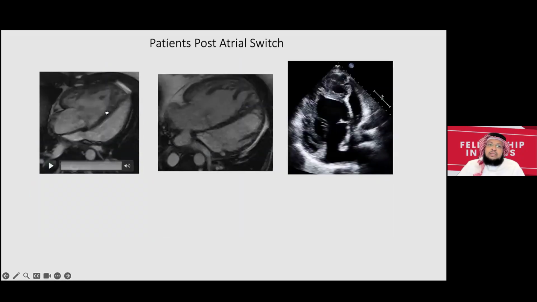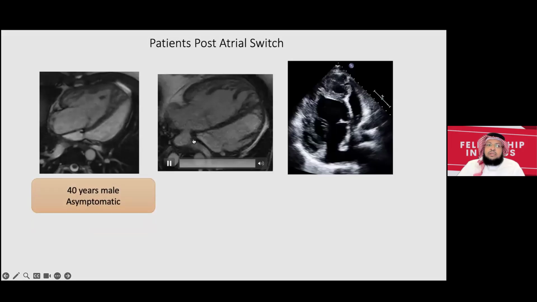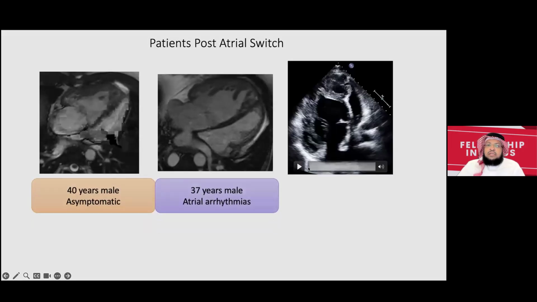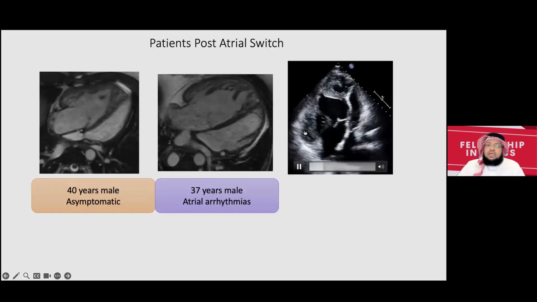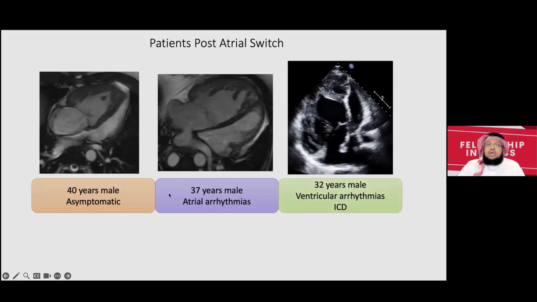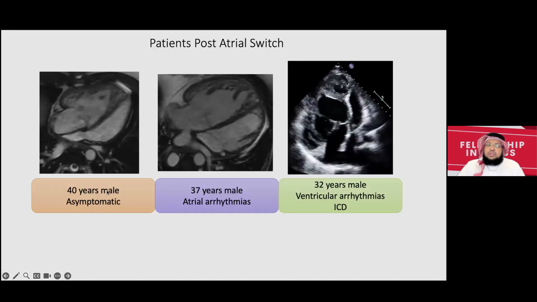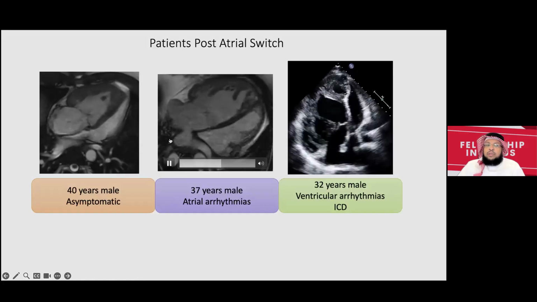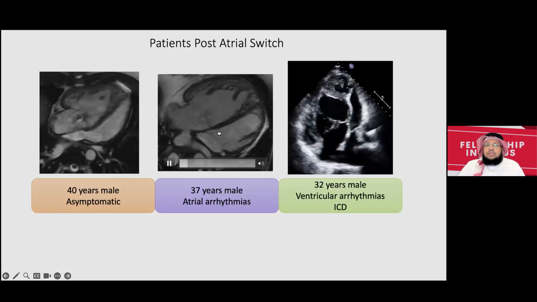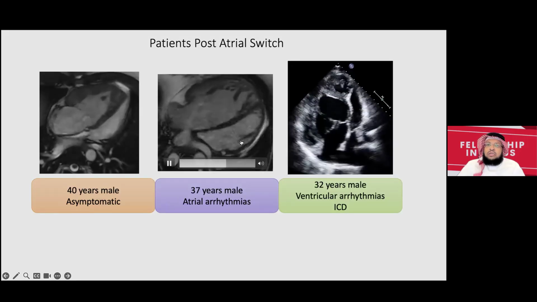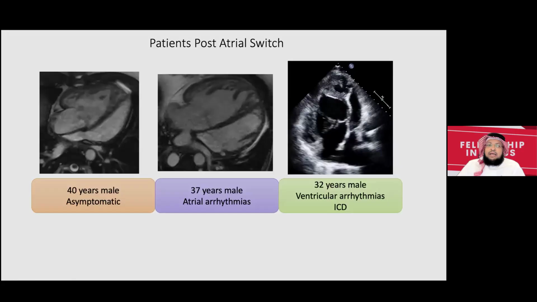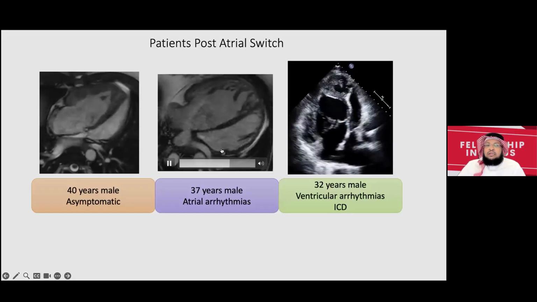On the other hand, there are those patients with a systemic right ventricle post atrial switch operation. These are also three patients. This patient is 40 years old and completely asymptomatic. This patient was already transplanted last year. He was bothered with atrial arrhythmias.